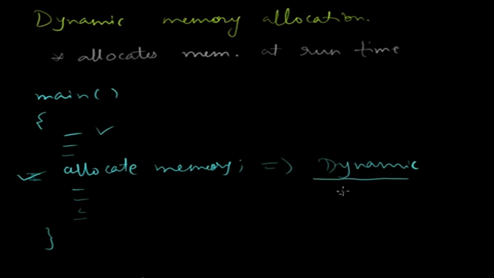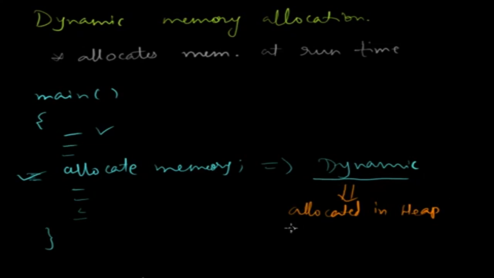This dynamic memory is allocated in a part of memory called the heap. Heap is a part of memory that is common to all of your functions or all of your programs. So dynamic memory is allocated in the heap.